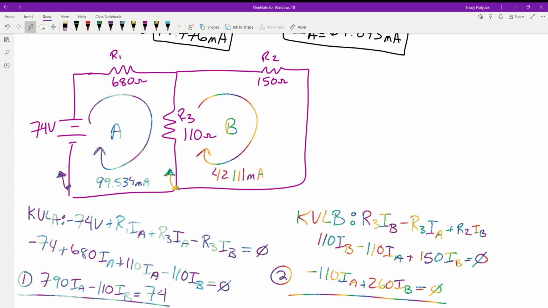What voltage do we get there? And if we have 67 volts, how much is dropped across the rest of the circuit?